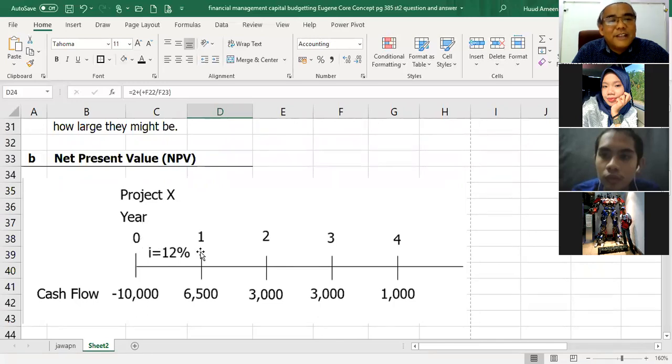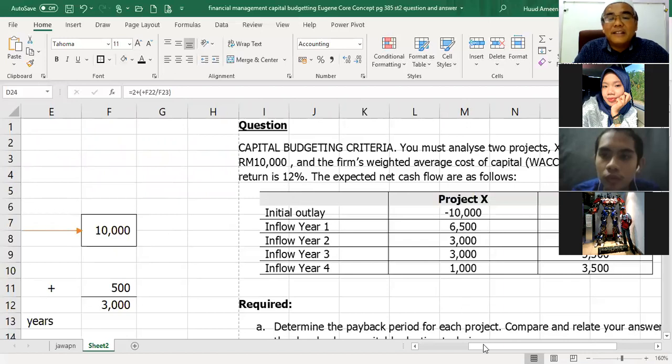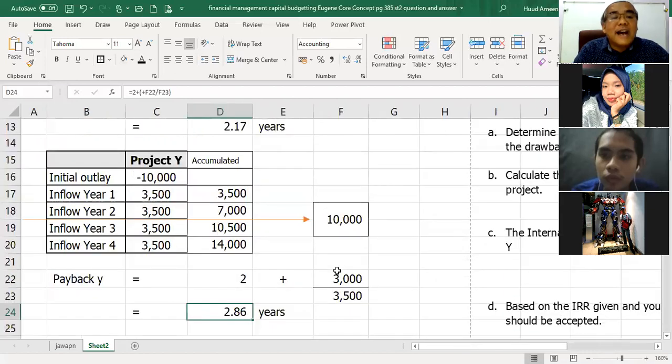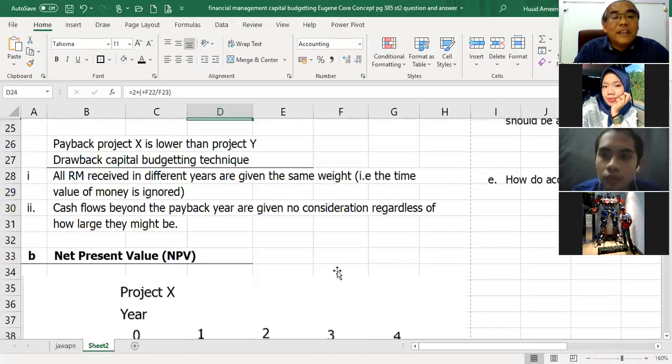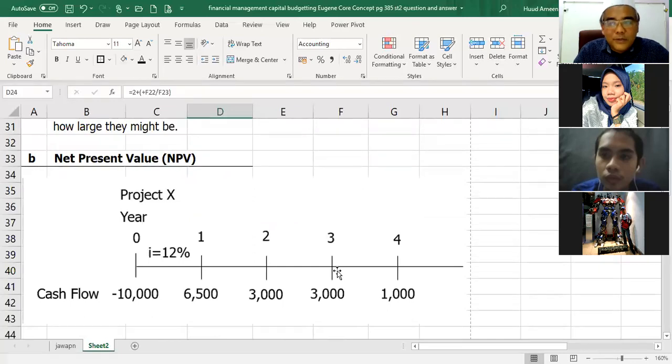And then at the end of the year for year 1, this year 2, this year 3, and this is year 4. In that question it stated that the discount return is 12%. Highlight the 12%, meaning 12% is considered I, or in your table PVIF, table A1 to table A4, they use I, or some tables use K. So this is what we call discounted rate, 12%, meaning if you invest in ASB or Bank Rakyat, you can get 12%.